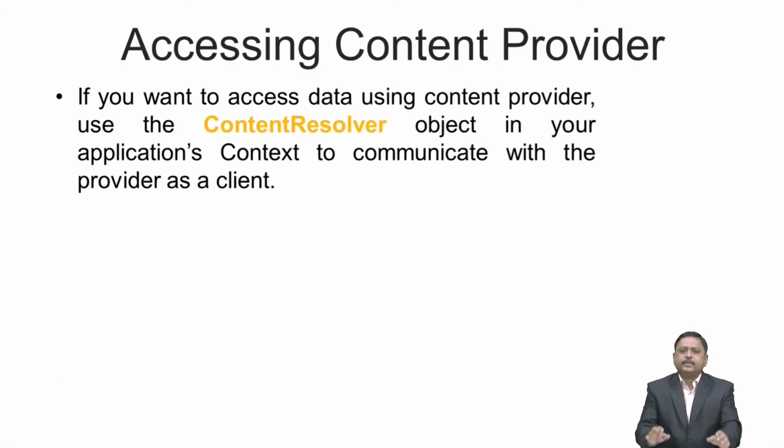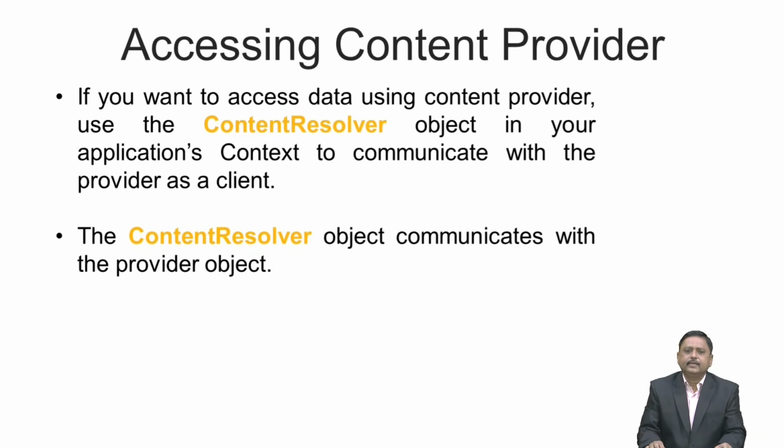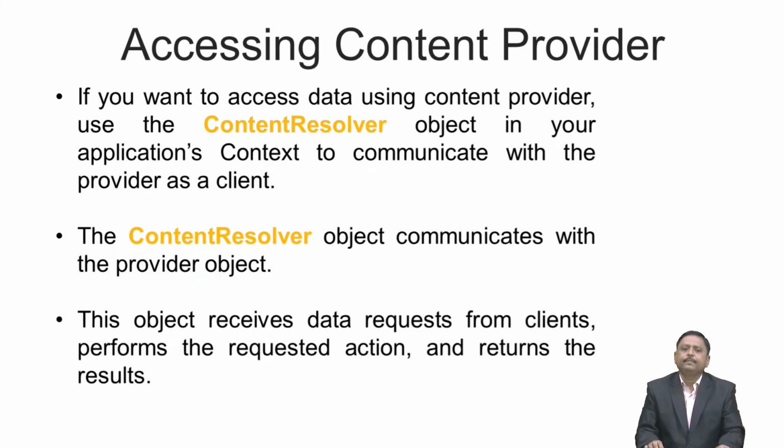If you want to access data using a content provider, you have to use the content resolver object in your application's context to communicate with the provider as a client. The content resolver object communicates with the provider object that we have seen in the previous slide. Now, this object retrieves the data request from the client, performs the requested action and returns the result. So, we have three objects: content provider, content resolver and cursor loader.